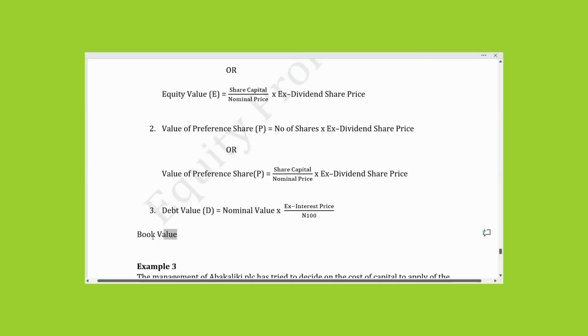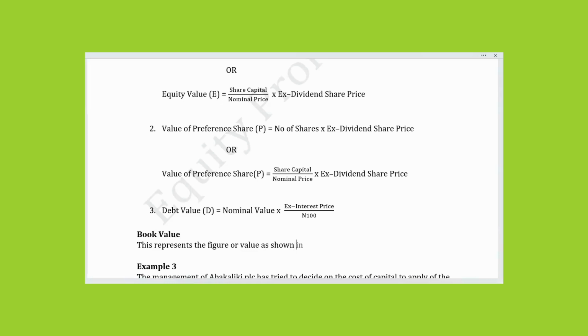Now, what do you mean by book value? This represents the figure of value as shown in the balance sheet.